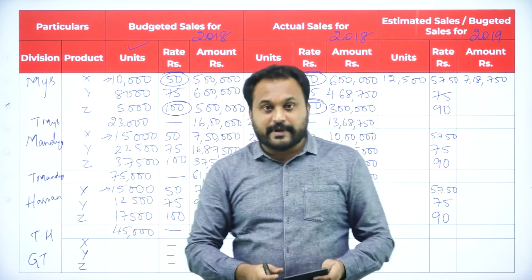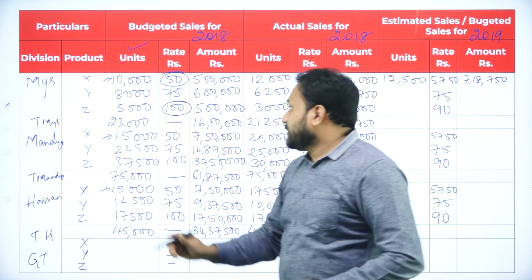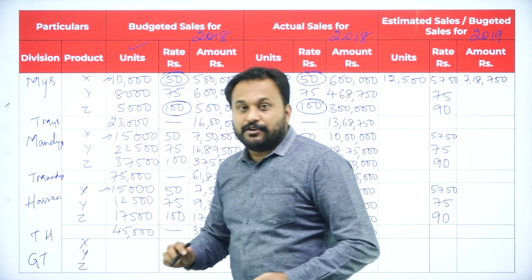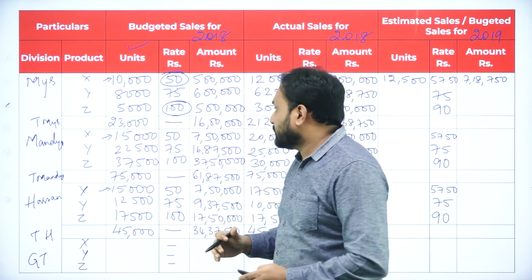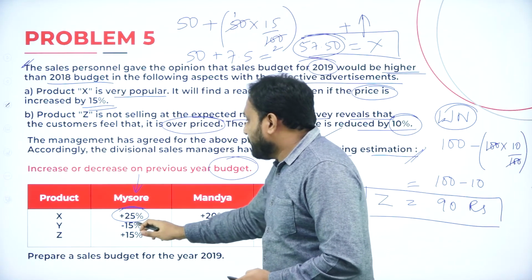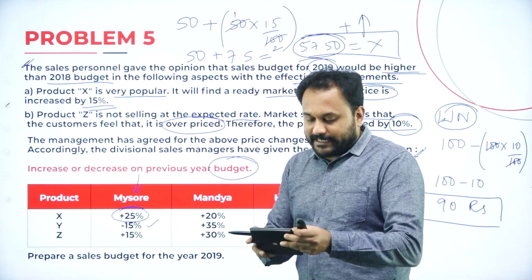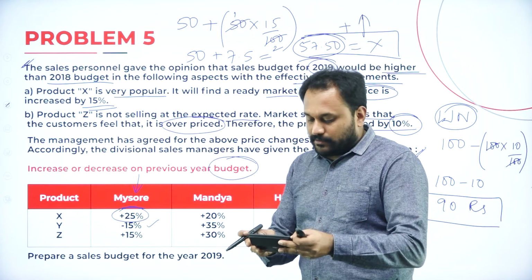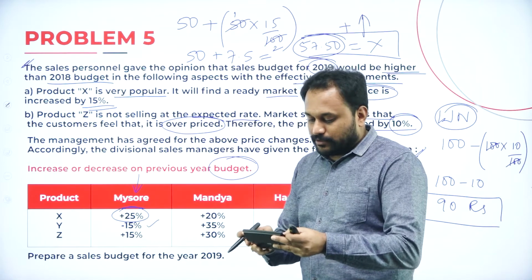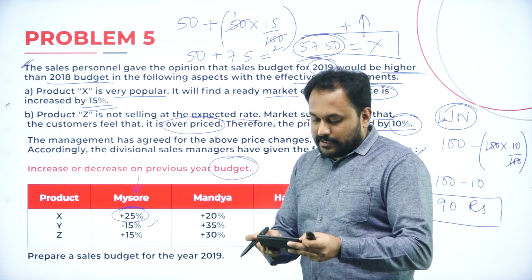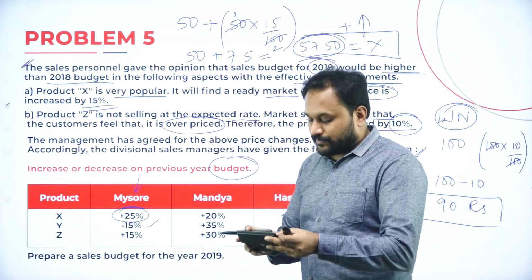Next we are supposed to go back to our question. Now in Mysore, why is that 8,000? Whether it is addition or subtraction, we are supposed to go with it. Minus 15%. So again you take the calculator, 8,000 into 15%, you do it. 1,200 is that. Subtract it from 8,000.